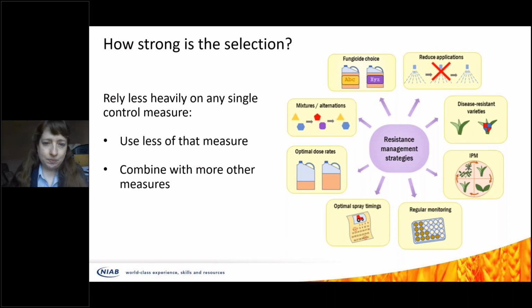This could be mixing or alternating different fungicides, growing a resistant variety, and cultural control measures such as crop rotations or management of stubborn volunteers. It can also mean getting the spray timing right, so spraying in time rather than once the epidemic's already out of control and then trying to clean up afterwards.